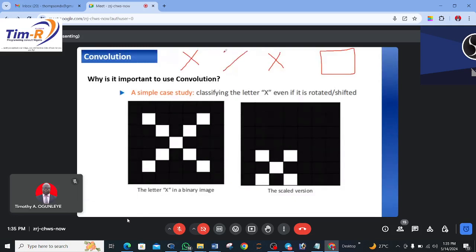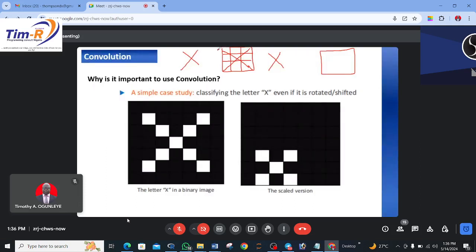Let me write another X here again. Now let us put it in a box and group it, depending on the features and the pixel size we want.